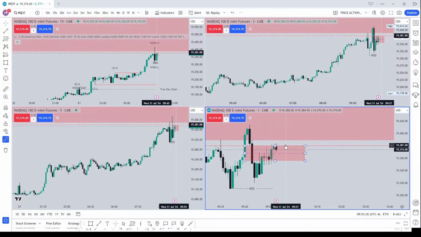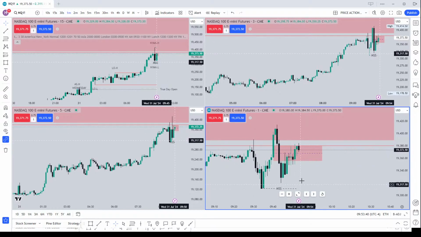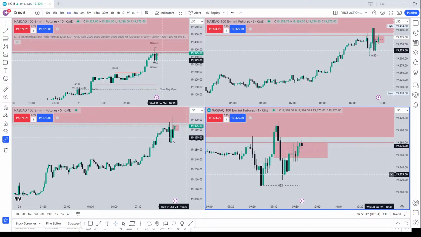Still have the bodies of this candle respecting this gap. So I don't know. Let's see.